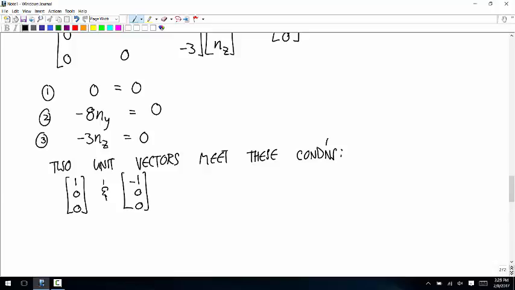So the face corresponding to the eigenvalue of 3 has to be in the original positive x-axis or negative x-axis.